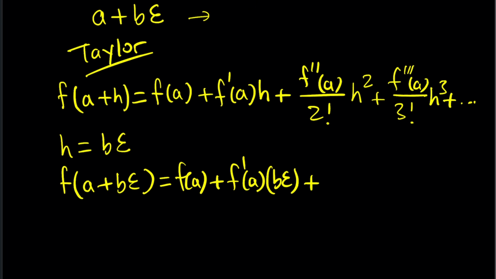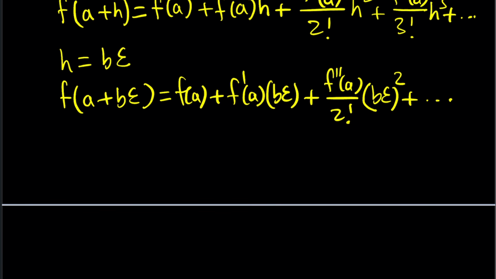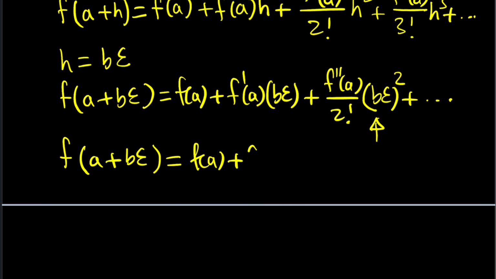And then the next term is going to be f double prime of a divided by 2 factorial. This is the critical part, b epsilon to the second power, and so on and so forth. You don't really need quite a few terms to understand what's happening here, because this is where the criticality starts. So now f of a plus b epsilon is equal to f of a plus f prime of a, nothing interesting so far, right, times b epsilon.